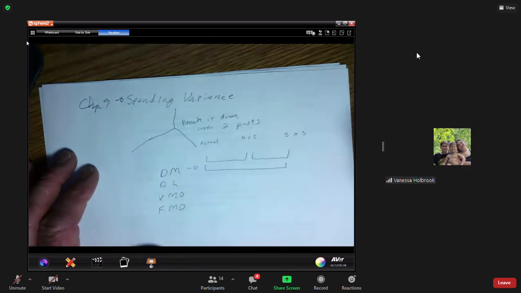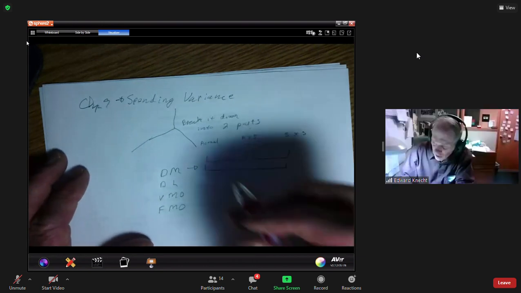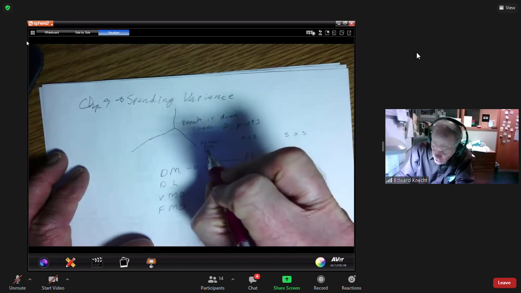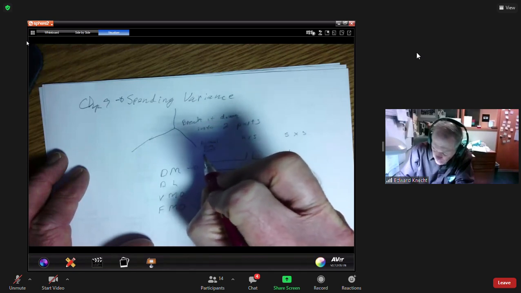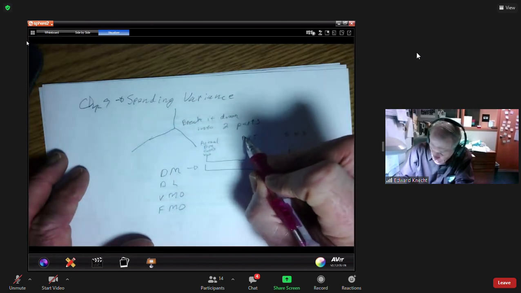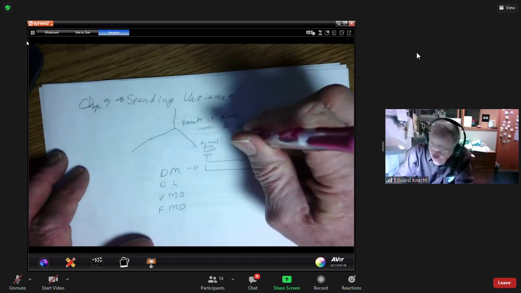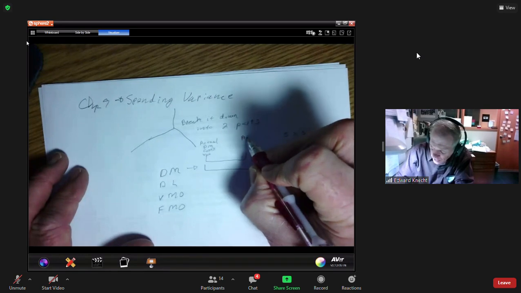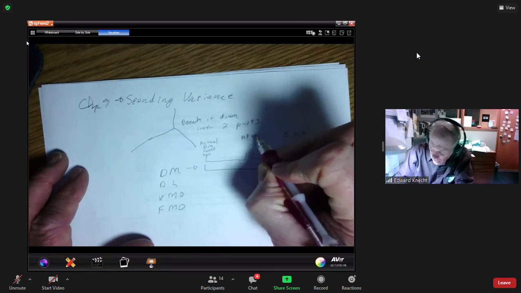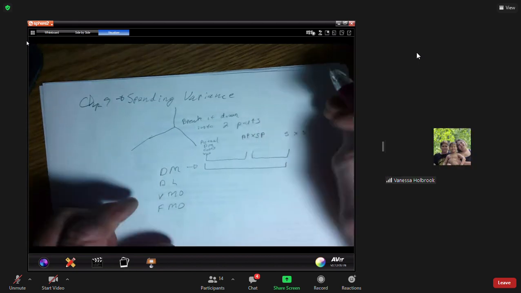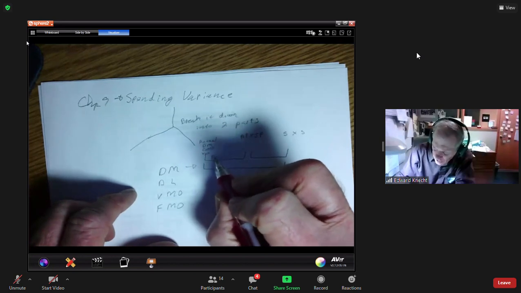So we got to define it. The actual direct material costs, right there, that's the actual. We want to know the actual price per unit of the material that we bought, times the standard price. That will give us what's called the price variance.